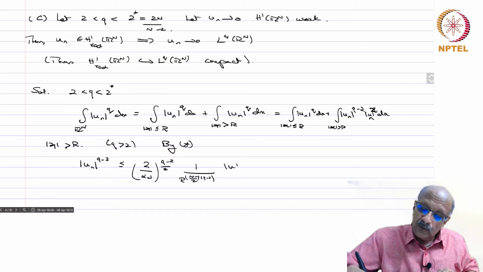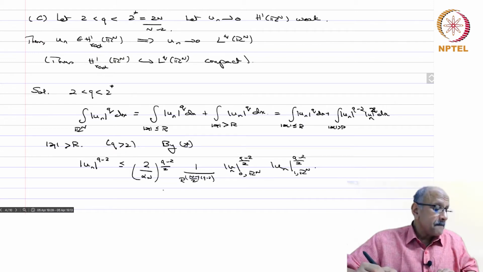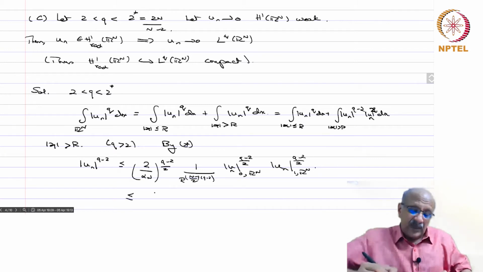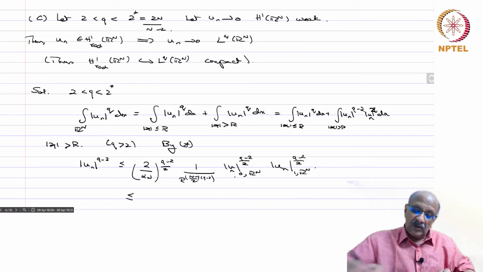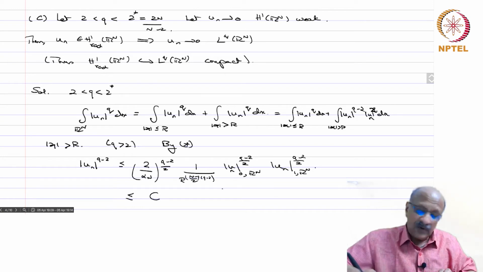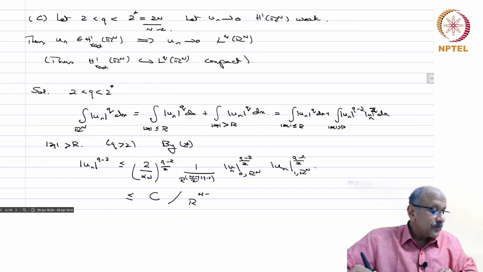And then you have the L2 norm of un to the power (q-2)/2 times the H1 norm of un to the power (q-2)/2. Since un converges weakly, it is bounded in H1 of Rn, and therefore this will be less than c. Its L2 norm will also be less than or equal to c. All this stuff I am going to put in one constant. So this is less than c divided by r to the power of (n-1)/2 times (q-2).